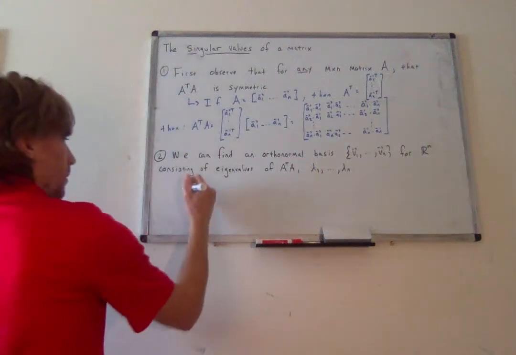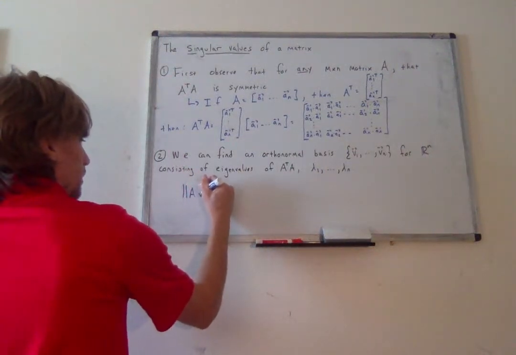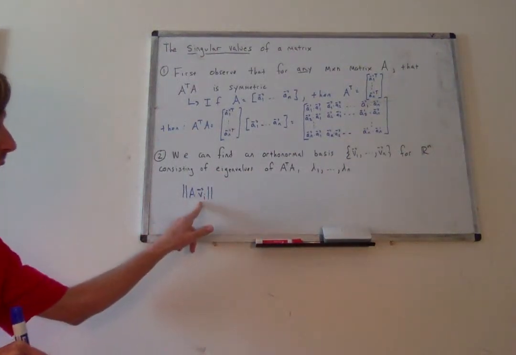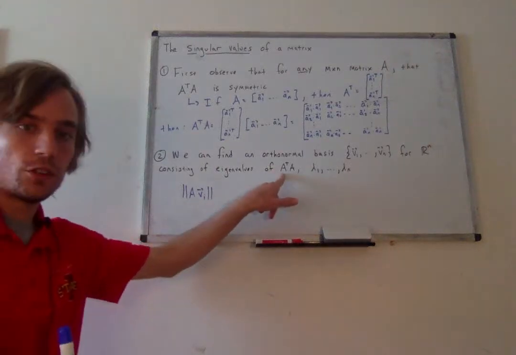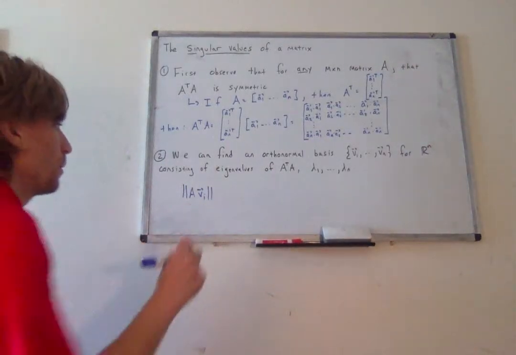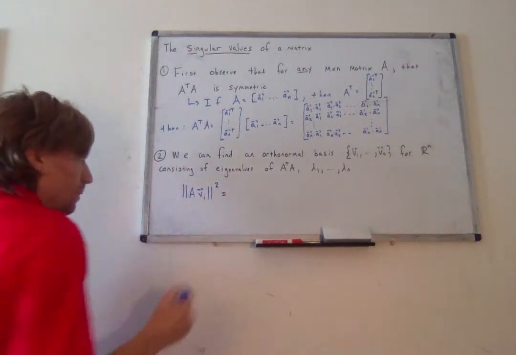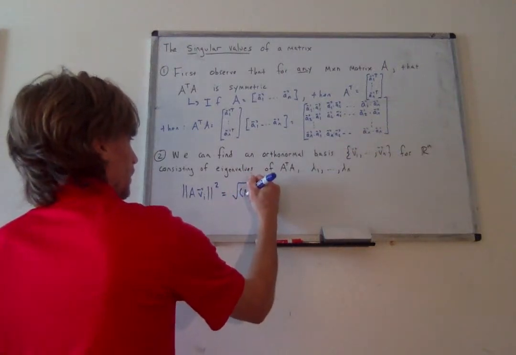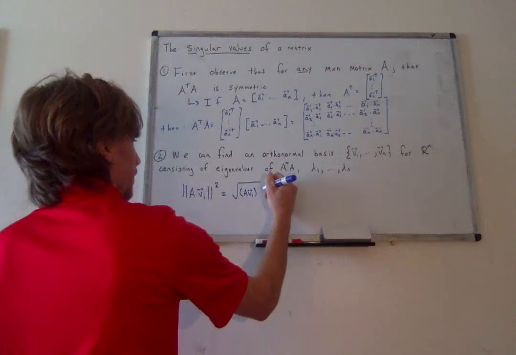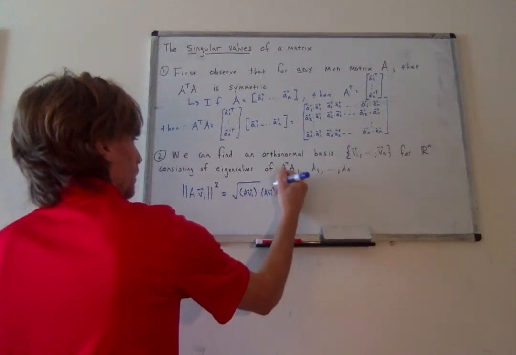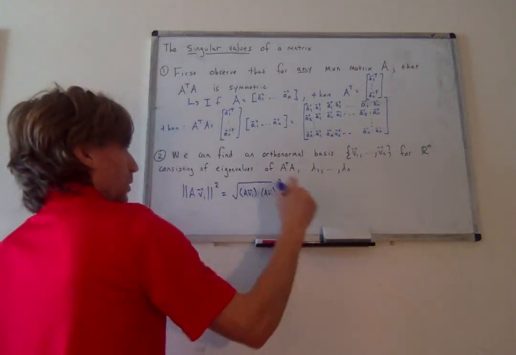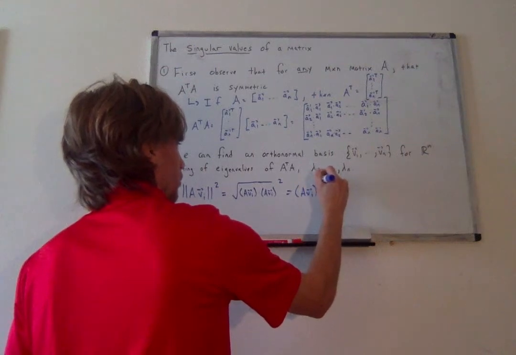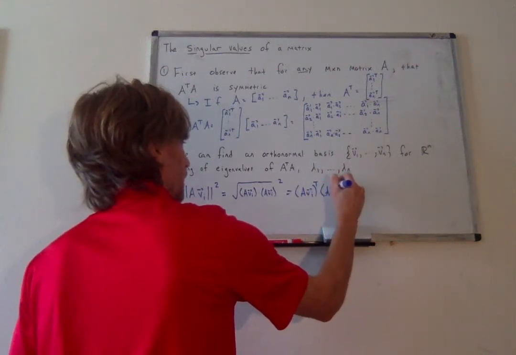If we compute the length of the matrix A times the eigenvector Vi, and note here, this is not an eigenvector for A. This is an eigenvector for A transpose times A. But if we compute the length of this squared, we get AVi dot AVi, which, expanding the definition of the dot product, gives us AVi transpose times AVi.